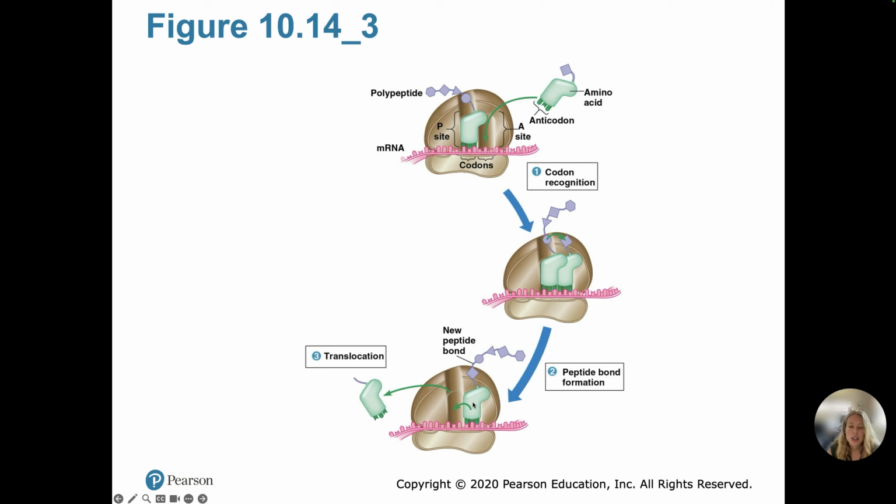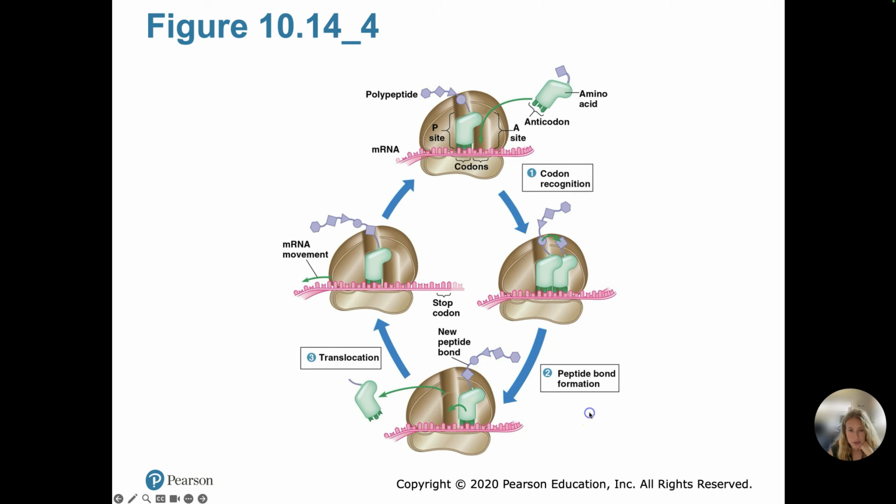This transfer RNA is going to translocate over to the P site on the left, which will leave the A site open. So translocation occurs, this tRNA jumps over here, and now this A site is available for the next tRNA that is complementary to this codon here to come in and bind and then attach its amino acid.